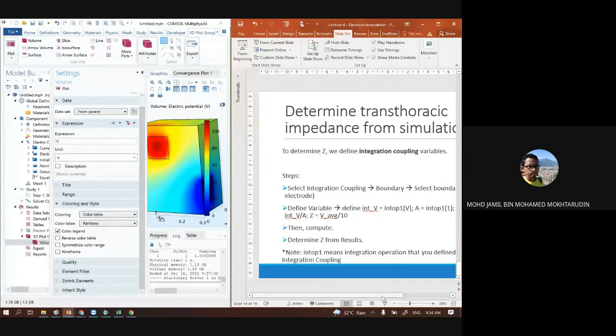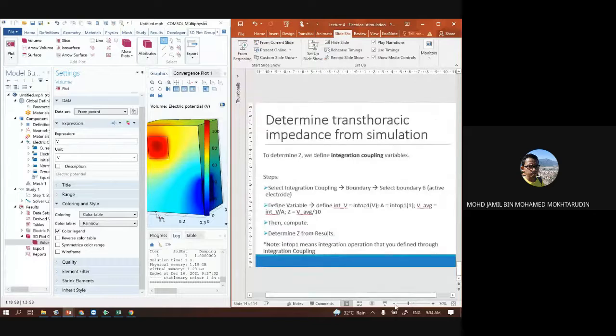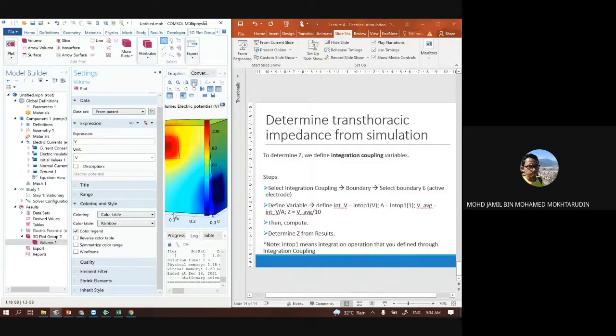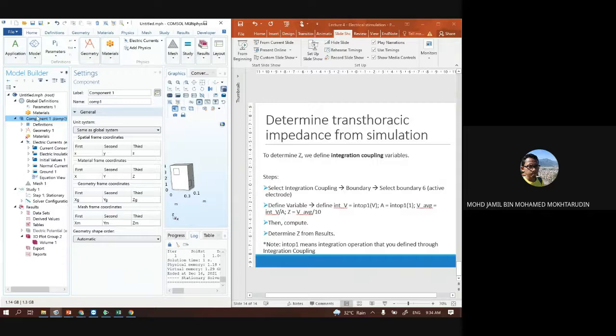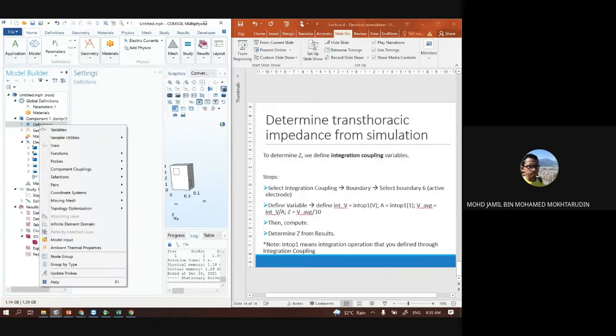So go back to our simulation results. Before we compute the simulation, we can go back one step prior. We go to component, right click, in definition, right click and choose component coupling, integration.